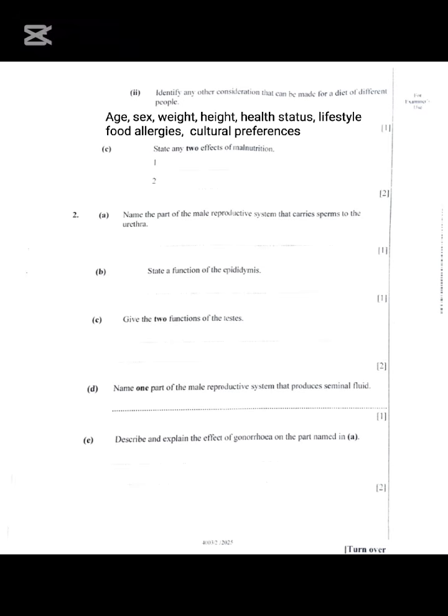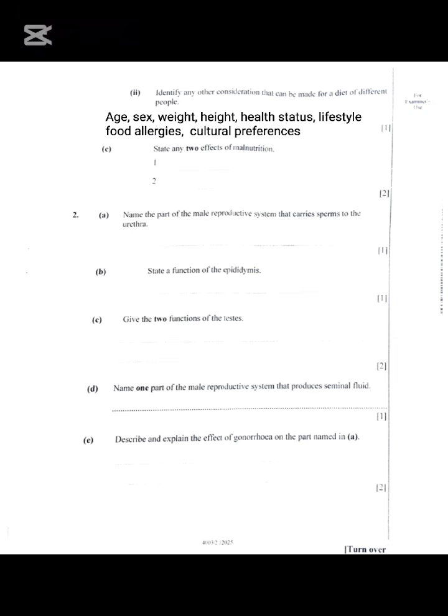The athletes need different energy requirements than the office worker. We also need to look at the food allergies or intolerances. Someone may be allergic to nuts, allergic to rice, allergic to any other food, right? So these are some of the considerations.